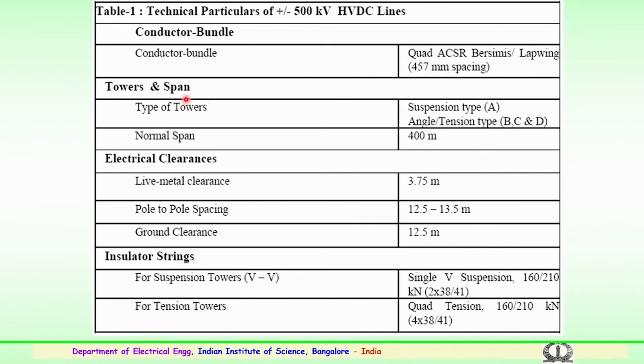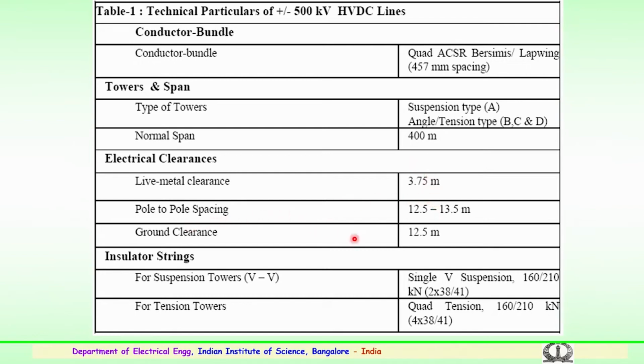The type of towers for the 500 kV HVDC transmission system is suspension type A, or in case of tension, B, C and D are normally employed. The normal span, that is the tower to tower distance, used for the 500 kV HVDC is 400 meters. The live metal clearance from the conductors is a minimum of 3.75 meters.